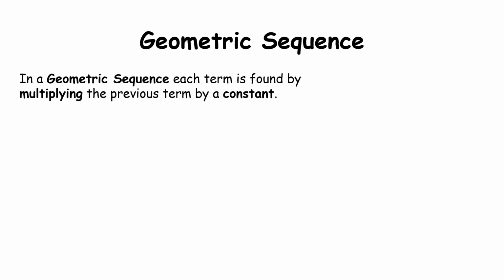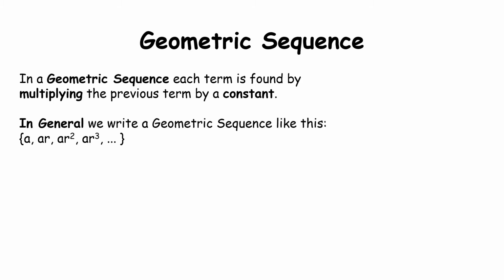Just like with our exponentials, we're going to be multiplying a term by a constant. So the geometric sequence looks like this. It starts with a, and if you've already gone back over your sequences, you'll know that a stands for our first term. Then you multiply a by some number, we're going to call that r, and then when you get ar, you multiply that by r, so you get ar squared, and so on.